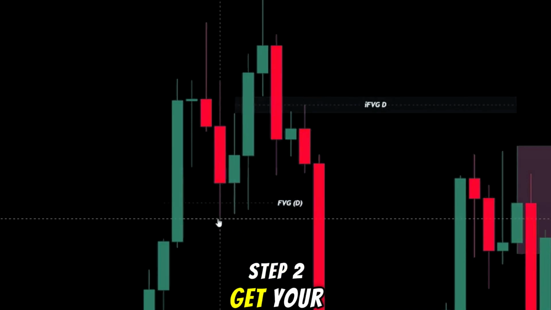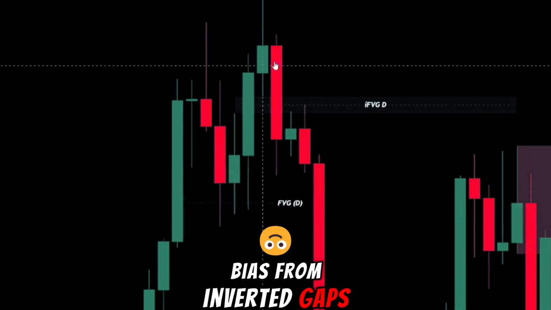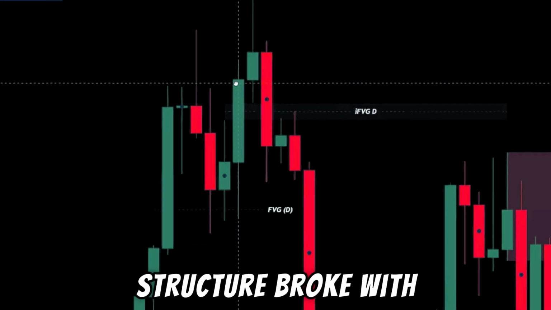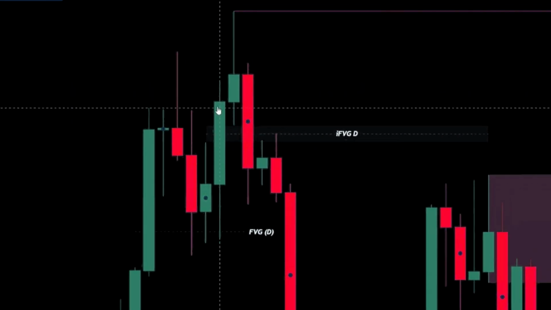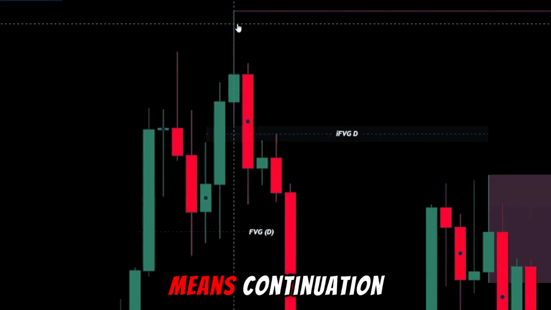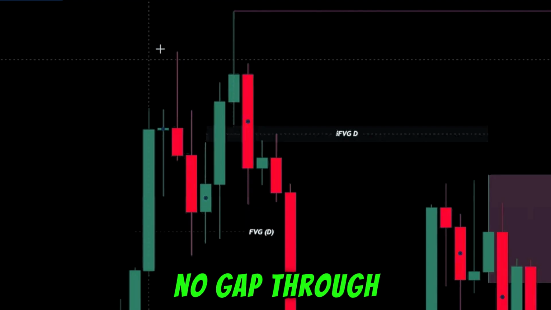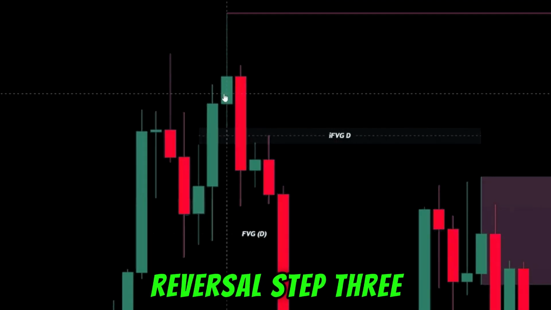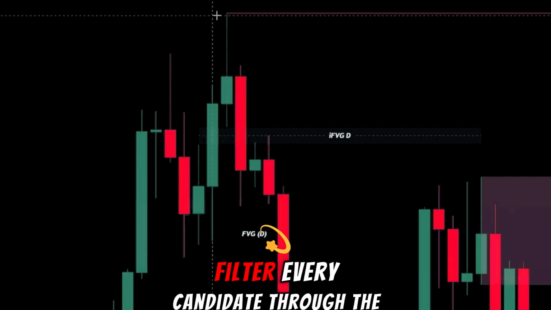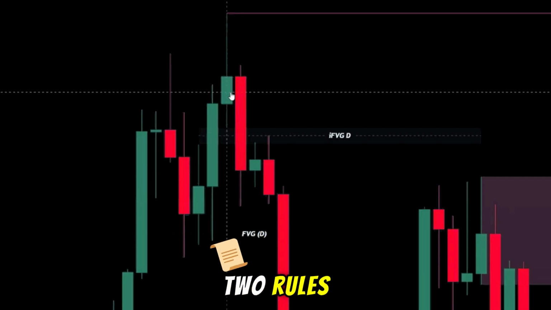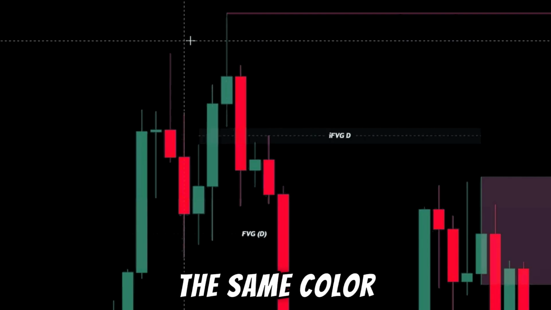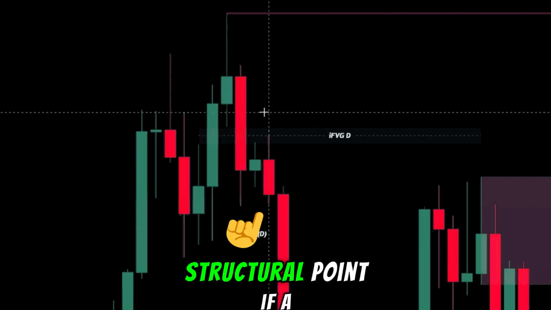Step 2. Get your bias from inverted gaps and from whether structure broke with displacement or without it. Displacement through a level means continuation. No gap through a level means reversal. Step 3. Filter every candidate through the 2 rules. All 3 candles the same color and formed through a structural point.